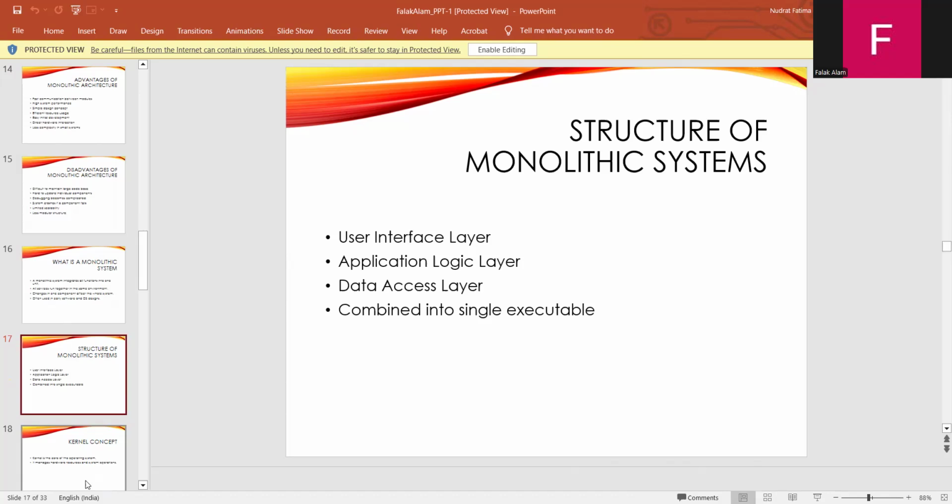And all three layers are combined into a single executable program. The user interface layer allows users to interact with the system. The application layer processes the user's request. The data access layer manages the storage and retrieval of the data.